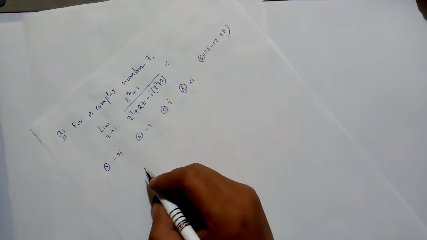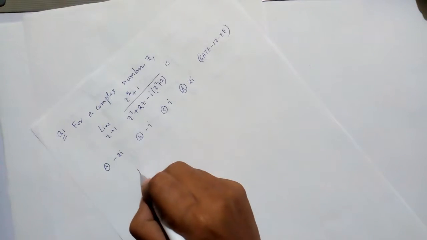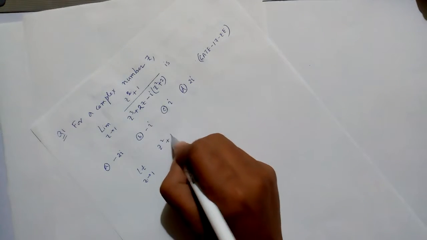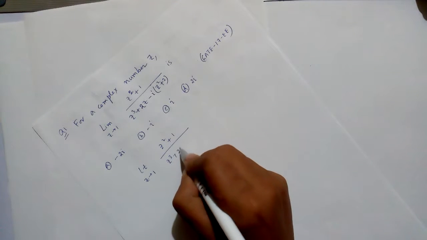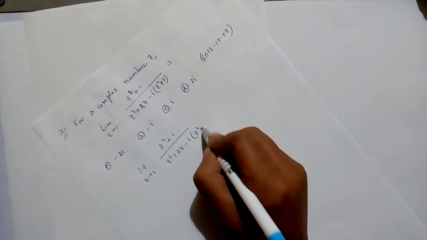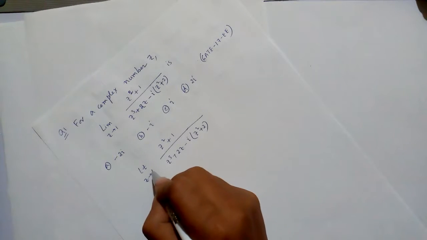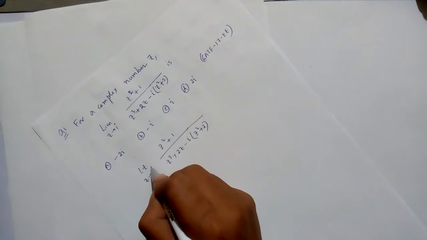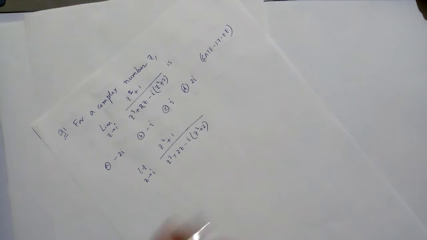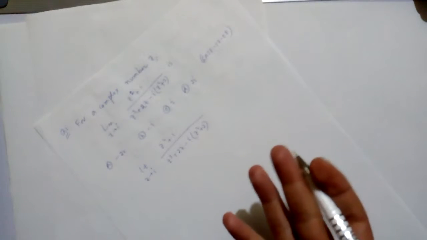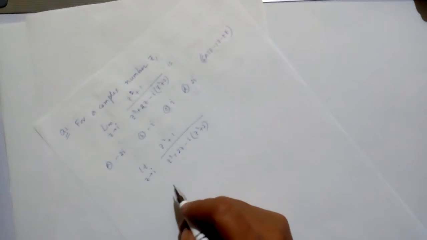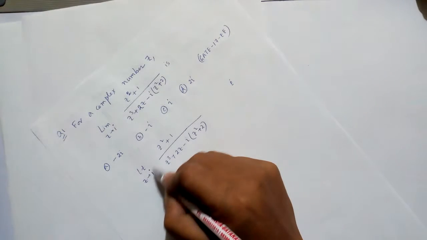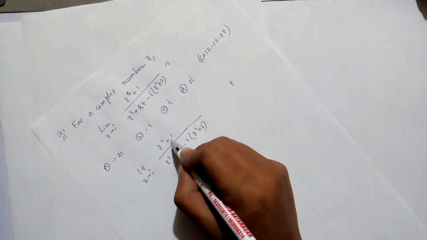Okay, first we take the limit as z tends to i of (z square plus 1) by (z cube plus 2z minus i z square plus 2). If we put the value of i in the place of z, then in the numerator we get i square plus 1.